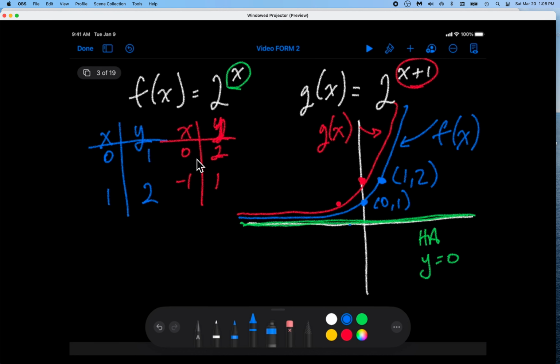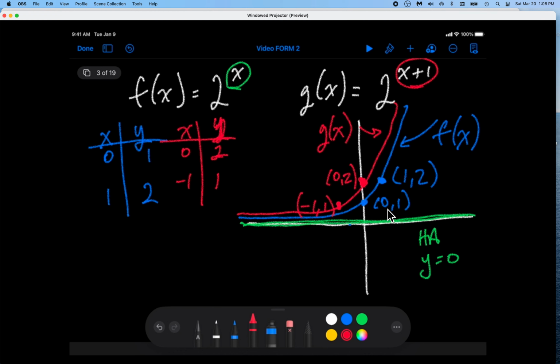So look what happened, ladies and gentlemen. This is the point (0, 2). This is the point (-1, 1). Just as we predicted, there was a shift in the negative direction, 1 unit, in the horizontal direction.